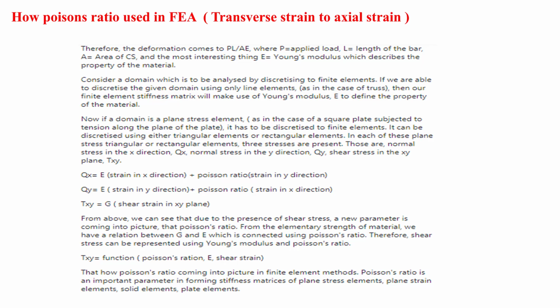We can consider the same domain in finite element analysis. Once we discretize, we use only line elements here. Then our element stiffness matrix makes sure that Young's modulus is taken into account for the material. Now for the same thing, if we consider plane stress with thickness, we can use 2D elements to deal with this.